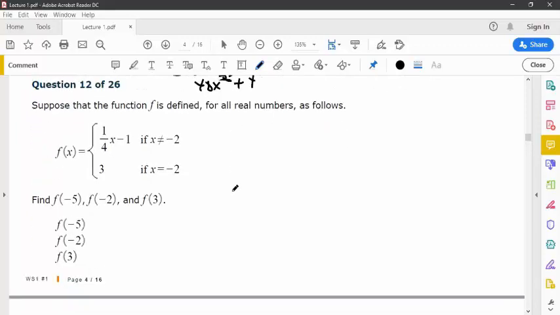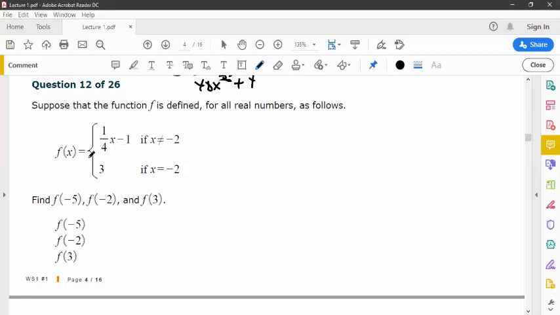So the next problem, we're dealing with what's called a piecewise function. Notice we have two different equations or expressions that represent a given function.